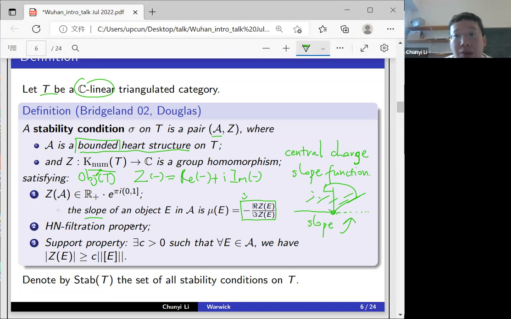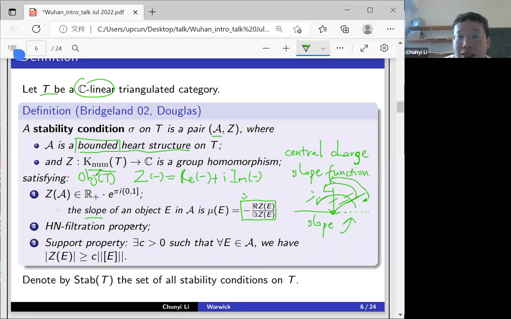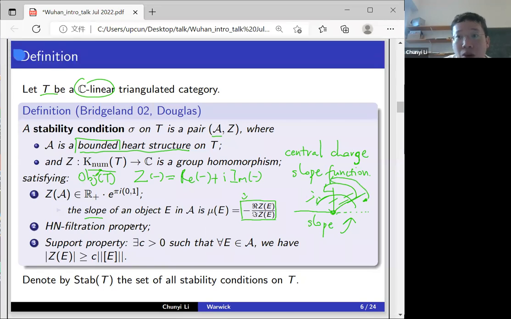So you see that the central charge maps those objects onto this upper half plane in this way. So you can have morphisms from objects on the right hand side to the left hand side. There's no morphism from an object with larger slope to an object with smaller slope. You can never have maps from the left to the right, right?